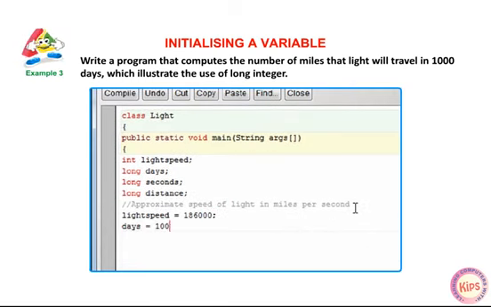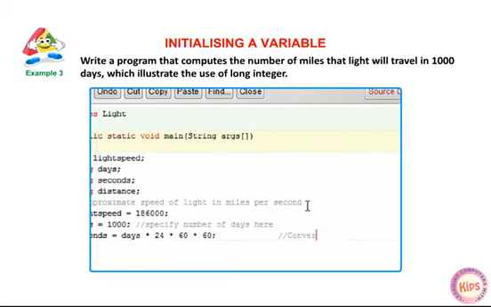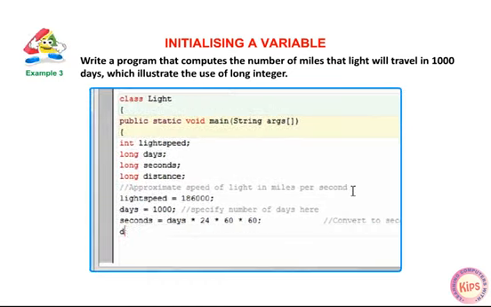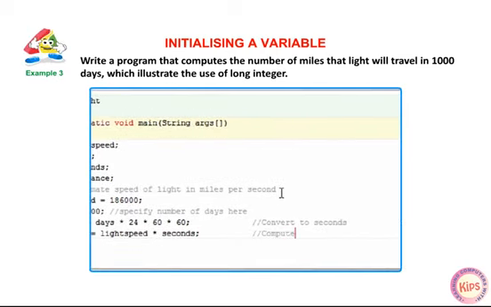days = 2000; // specify number of days here. seconds = days * 24 * 60 * 60; // convert to seconds. distance = lightspeed * seconds; // compute distance.